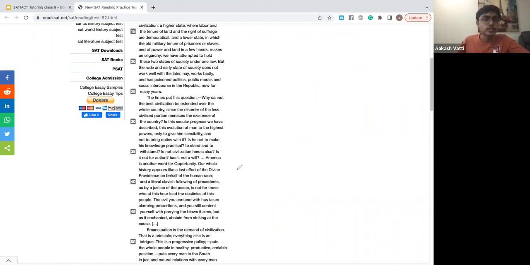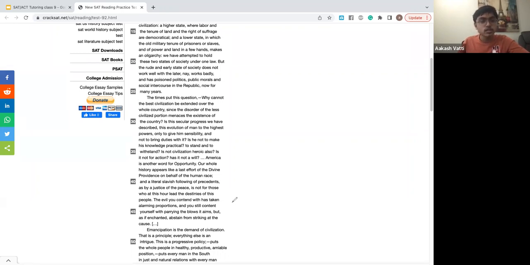The Times put this question: why cannot the best civilization be extended over the whole country, since the disorder of the less civilized portion menaces the existence of the country? Is this a secular progress we have described, this evolution of man to the highest powers, only to give him sensibility and not bring duties with it? Is he not to make his knowledge practical, to stand and to withstand? Is not civilization heroic also? Is it not for action?